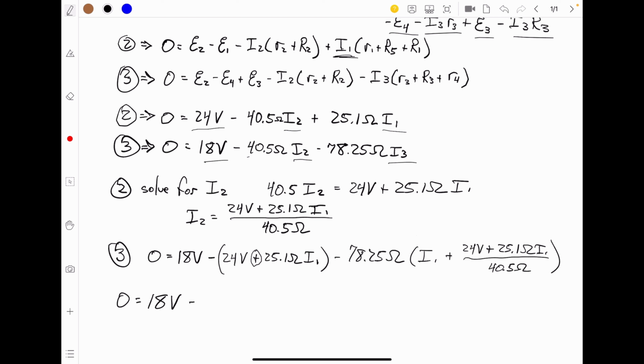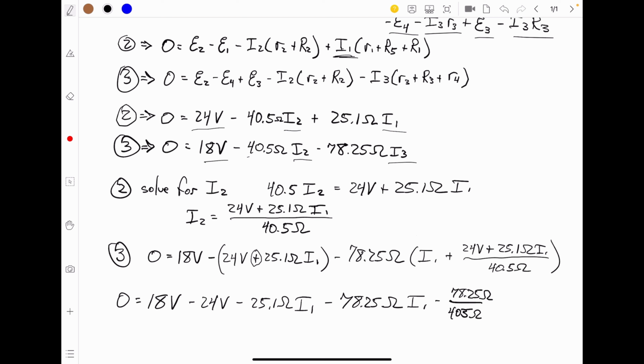We're going to take our 18 volts. We're going to subtract off 24 volts. We're going to subtract off our 25.1 ohms times I1. We're going to subtract off 78.25 ohms times I1. We're going to subtract off 78.25 over 40.5 ohms.